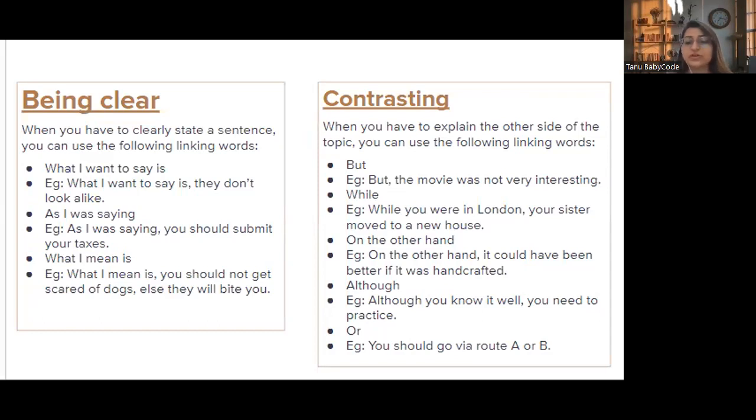When you want to contrast, that means you have to explain the other side. When you want to explain the other side of your topic, what connectors can you use? First is but. Second is while. Third is on the other hand. Fourth is although. And the fifth is or. So these are the linking words which you can use to explain the other side of your topic.